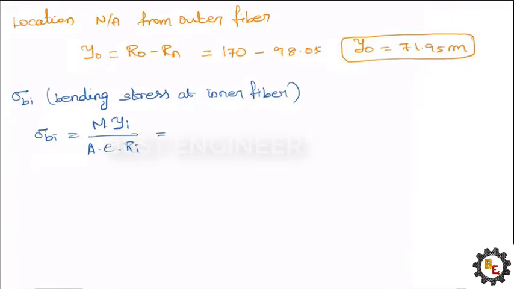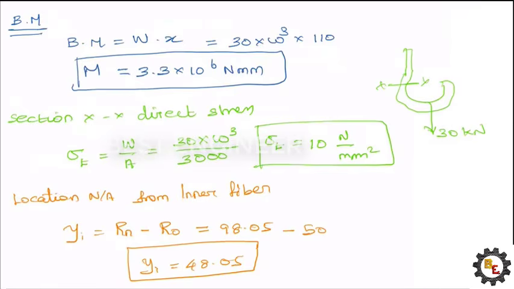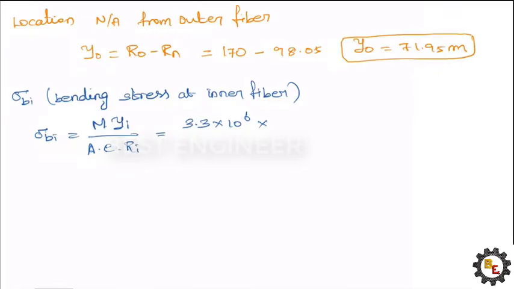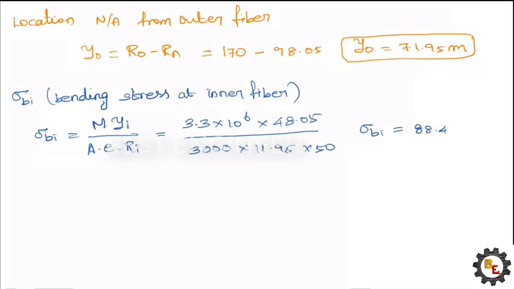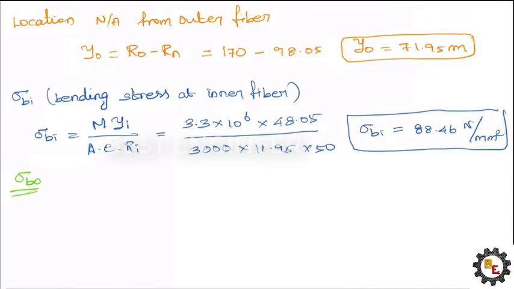We know the bending moment value 3.3 into 10 power 6, into Yi value 48.05, divided by area value 3000, eccentricity 11.95, into Ri 50. So now the bending stress sigma Bi at inner fiber is 88.46 Newton per millimeter square.